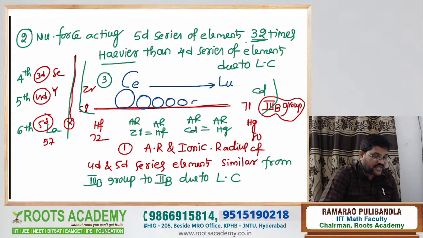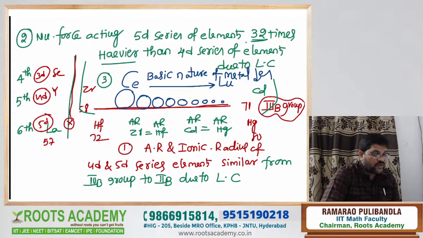That's why, from cerium to lutetium, due to Lanthanide contraction, the basic nature of the metal decreases. Why? Because atomic size decreases. Therefore, the basic nature of the metal decreases and the acidic nature of the metal increases.